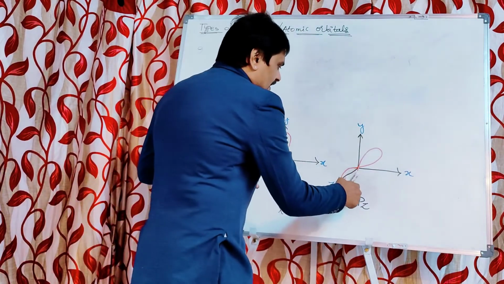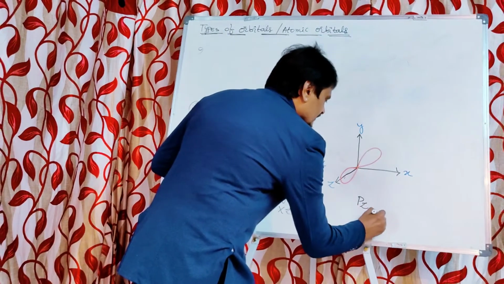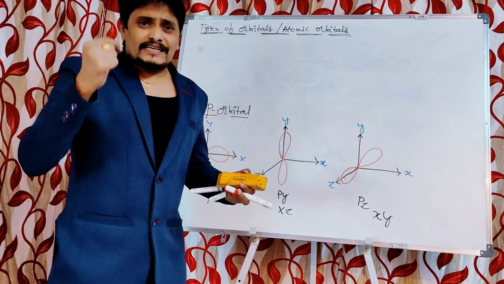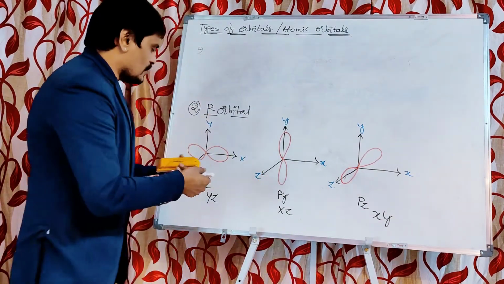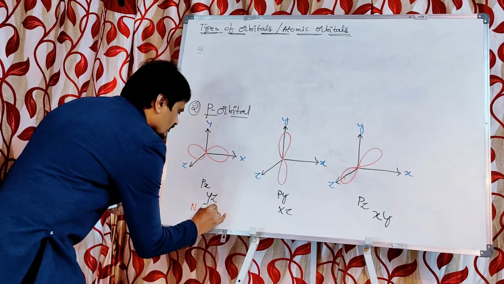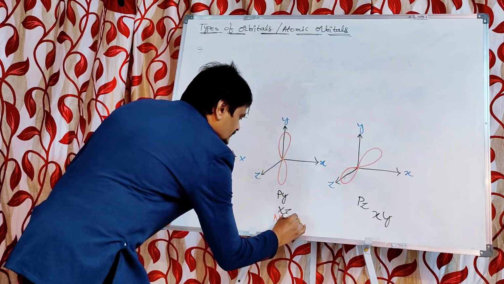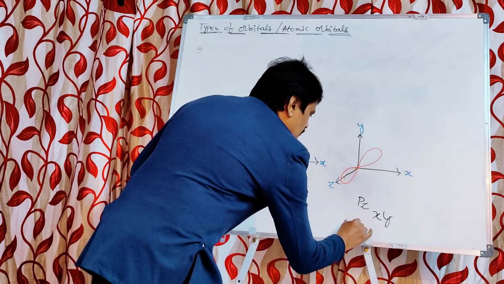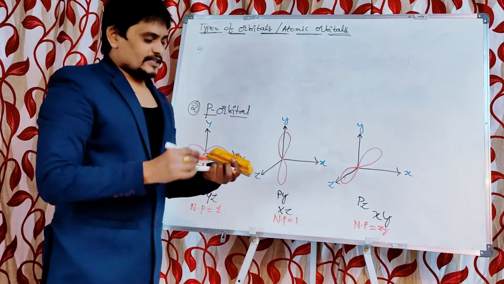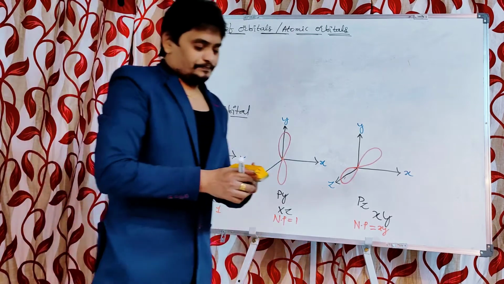In the case of pz, we find the electrons along the z-axis, and we cannot find them in the xy plane. So the number of nodal planes in px, py and pz respectively is 1. Only one nodal plane: in px it is yz, in py it is xz, and in pz it is xy. So this is about the p orbital, students.